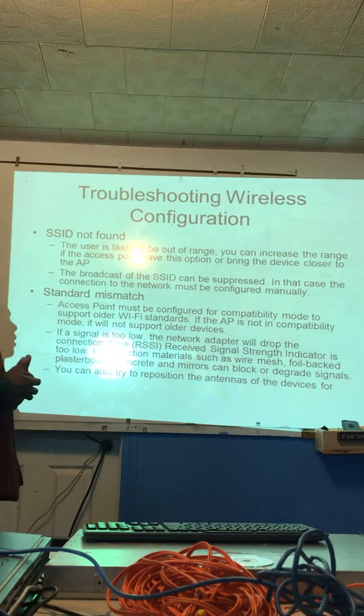So that means they support any type of wireless, even the oldest one that are obsolete.